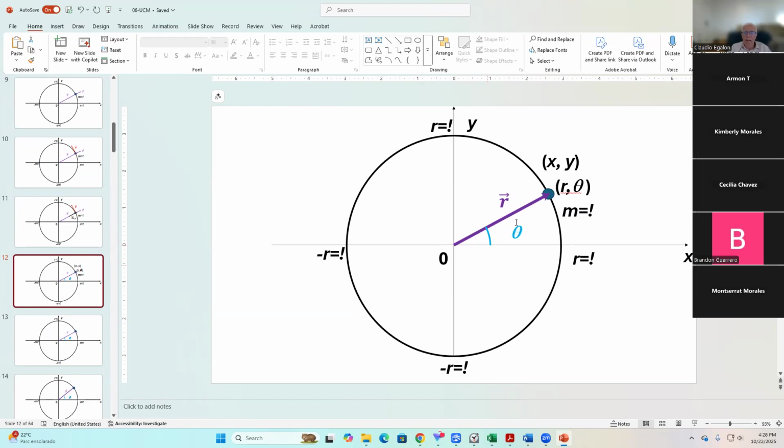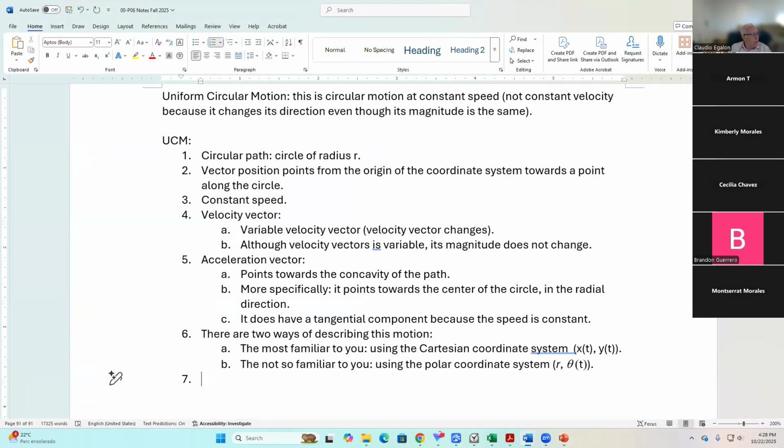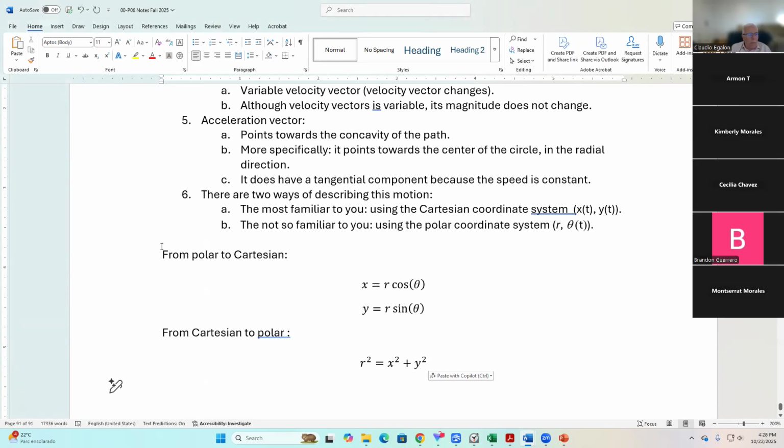Make sense? From polar to Cartesian, we know that x is r cosine of theta, and y is r sine of theta.